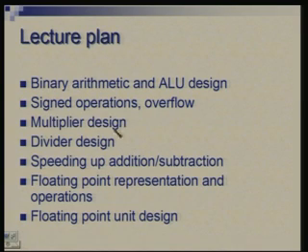We will separately talk of multiplier and divider design, which are more complex operations than simple add, subtract, and or. We will look at some techniques to speed up the key operation of addition or subtraction. Then we will move on to non-integer operations, floating point, how such numbers are represented, and what kind of operations are performed over these, and finally the hardware to carry out these operations.